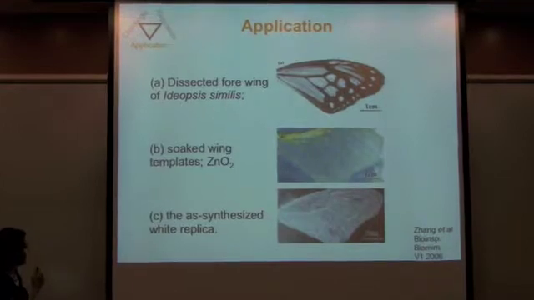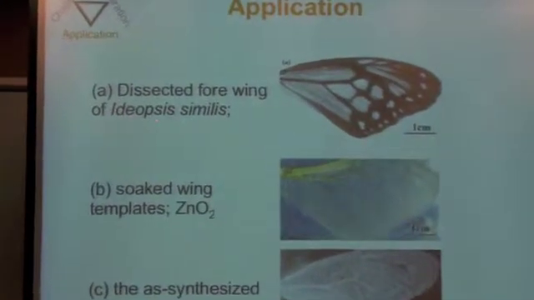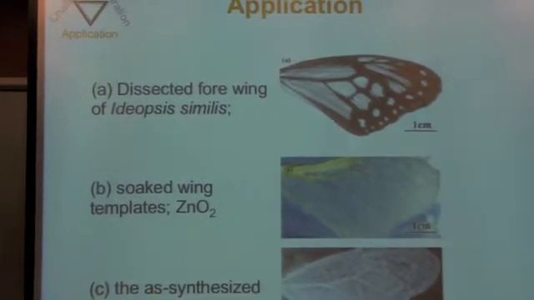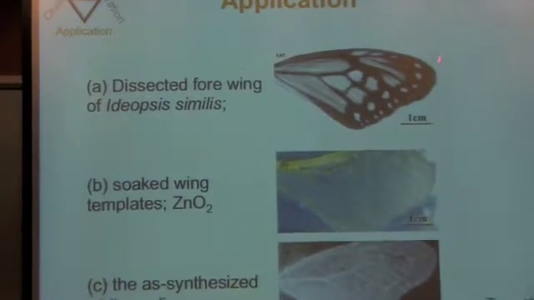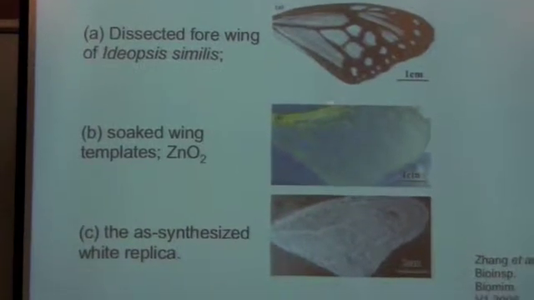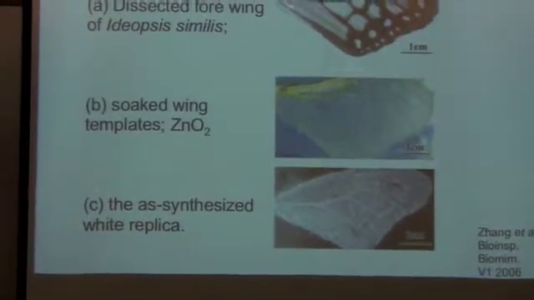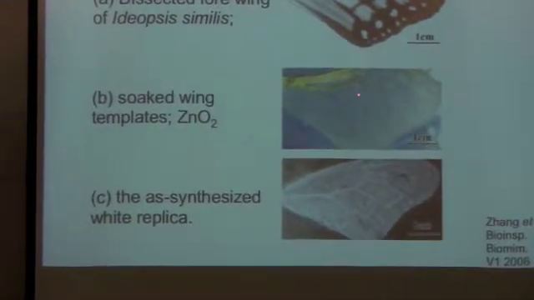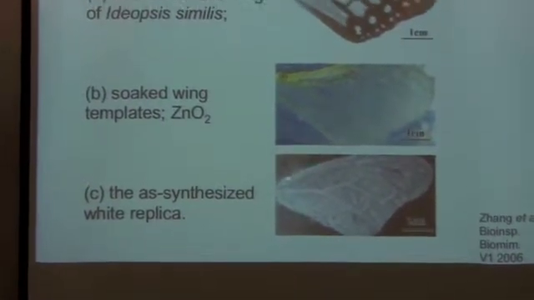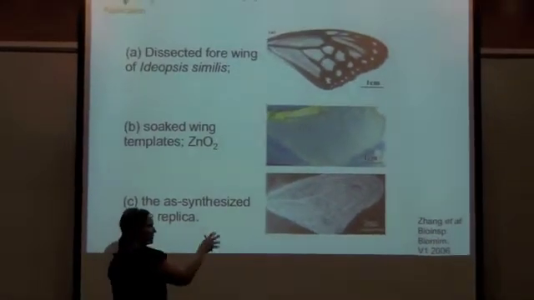So people have tried to apply this. One of the ways you can do it is to use the actual wing as a photonic material. It's like the whole wing, by dissecting the forewing of this butterfly and then soaking it, and getting rid of most of the underlying outer structure, soaking it, and then dipping it in zinc oxide, and then you get an exact replica of the wing with all its structures.